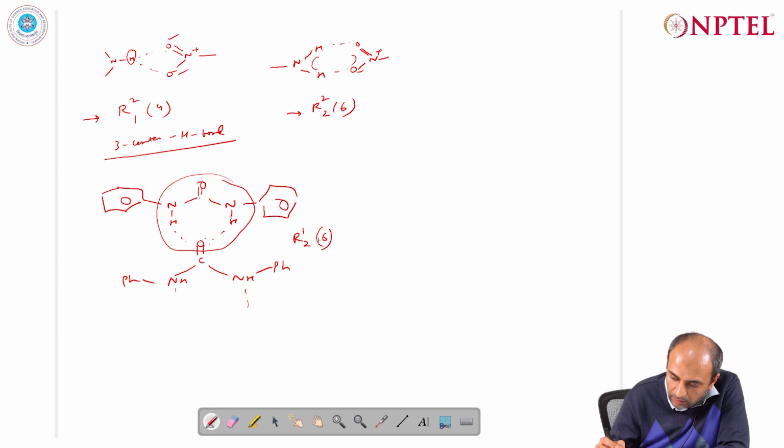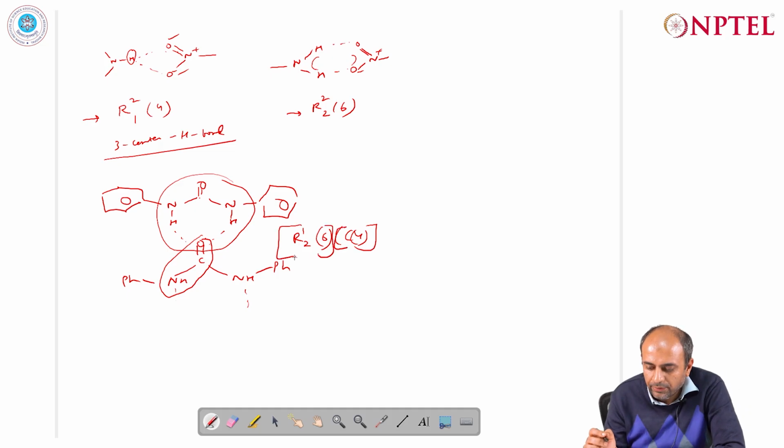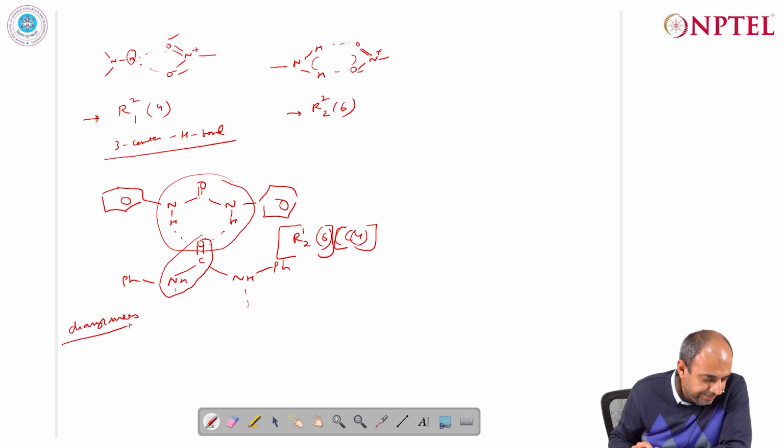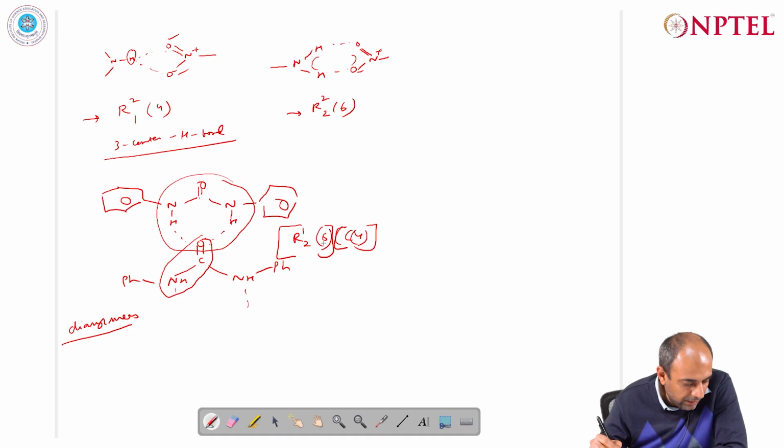So the acceptor is 1 and the donors are 2, and we have got another one such that the chain repeats itself, that is this particular C4 unit. So both these graph set descriptors are present in diaryl ureas. This is interesting in the sense that we have now 2 donors and 1 acceptor.